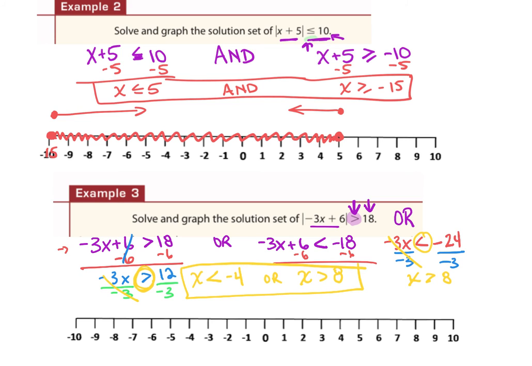It's an or, so they do not have to cross, and they won't. Negative 4, open or closed circle at negative 4? Open, and smaller or bigger? Smaller. Open or closed circle at 8? Open, and smaller or bigger? There we go. And that is my answer.